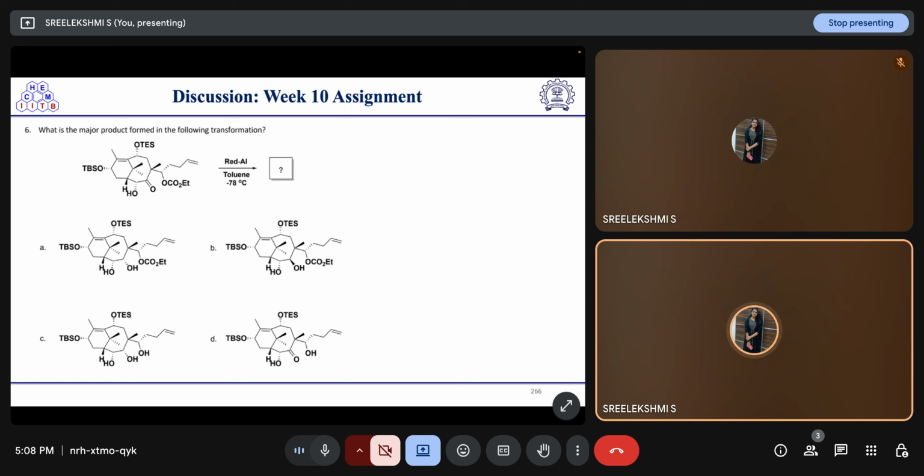Moving to the sixth question. What is the major product formed in the following transformation?